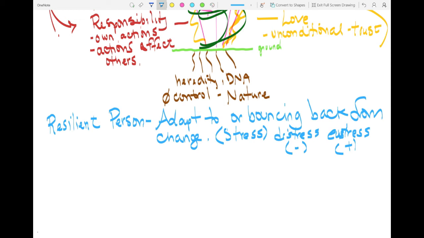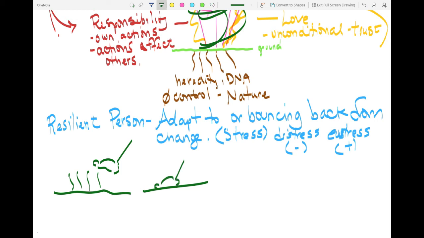Let's go back to that grass analogy that I had used a while back. If somebody's resilient, so let's say we have our blades of grass here, and a foot comes along, we'll draw our little toe, heel, steps on the grass. So the foot's down, and the grass is smushed, right?